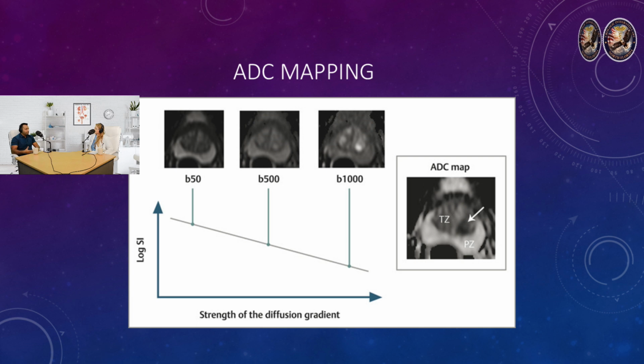There's a lot more complexities that get involved. But luckily, in the urology space and for prostate cancer, those complexities at the really low and high B-values don't really seem to be as important. Really, that middle range of B-values is what we use to calculate our ADC, and it seems to have a really good correlation with tumor.